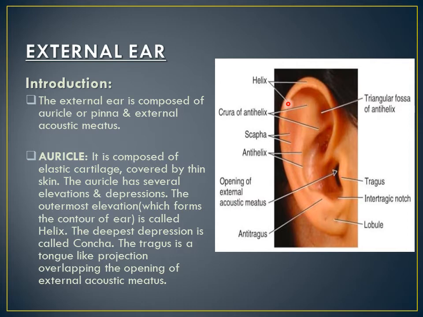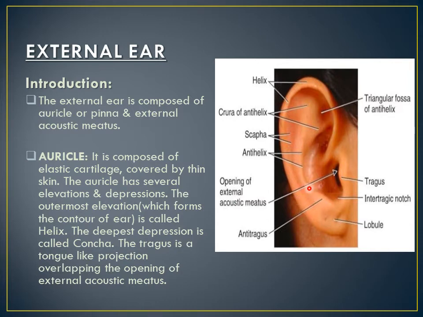Between helix and antihelix, there is a depression. Posteriorly, this depression is called scapha or scaphoid fossa, while anteriorly and above the antihelix, there is another fossa which is called triangular fossa. The deepest depression is called the concha.